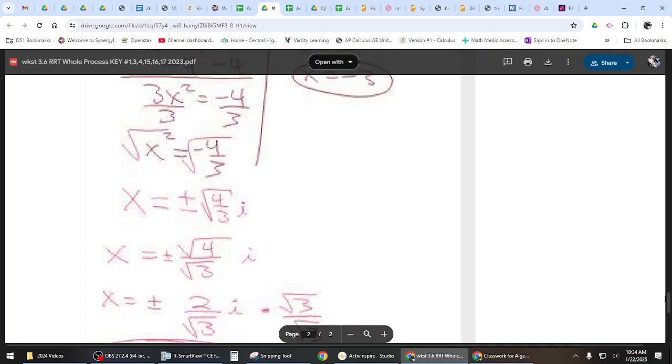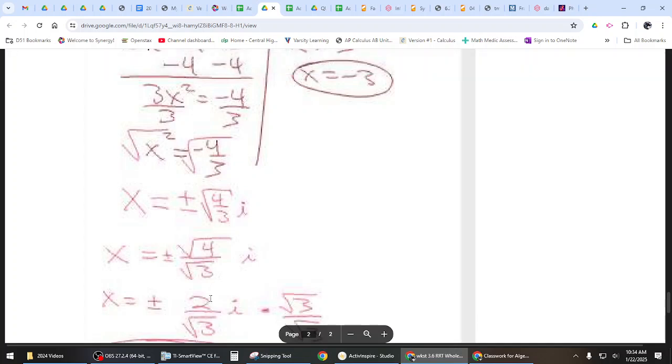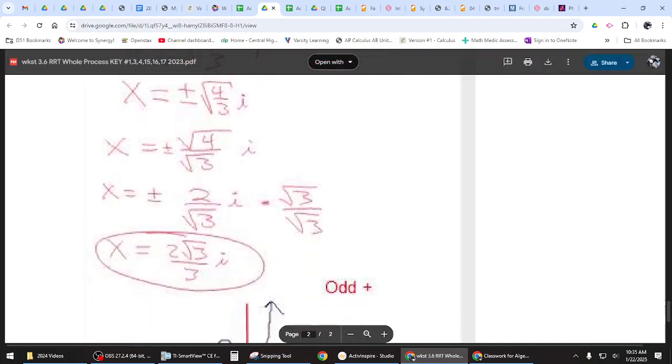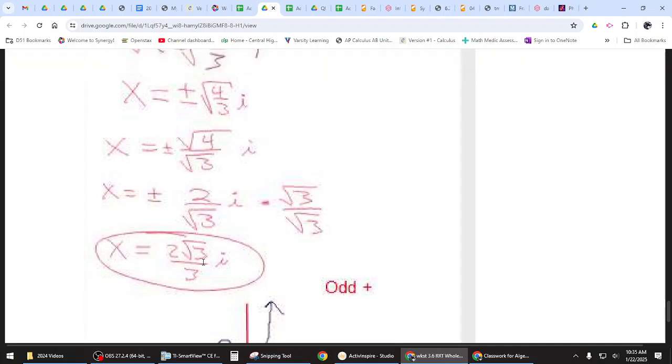That, by the way, could be rewritten as 2 over root 3 i. If we rationalize that, it becomes 2 root 3 over 3. So these are the same thing. It's just, this is rationalized.